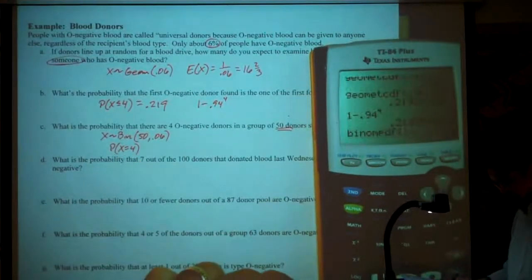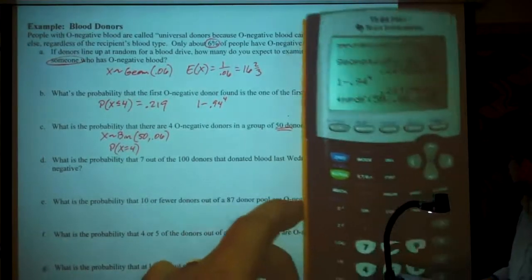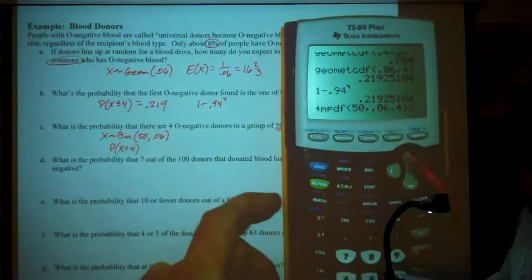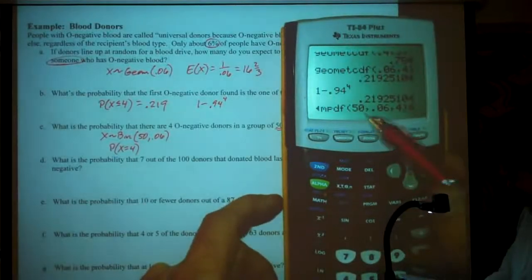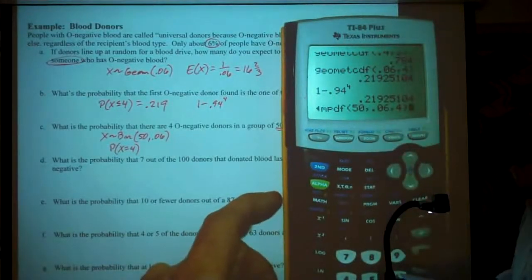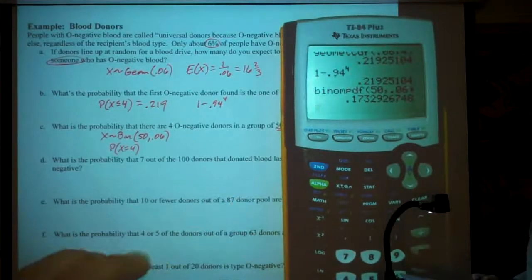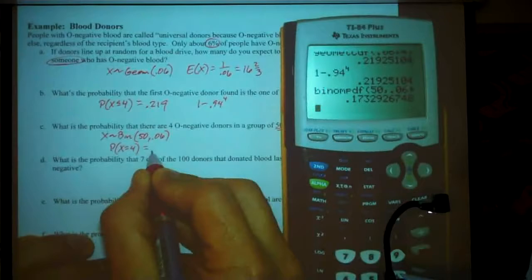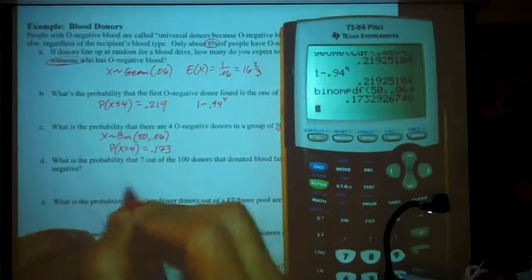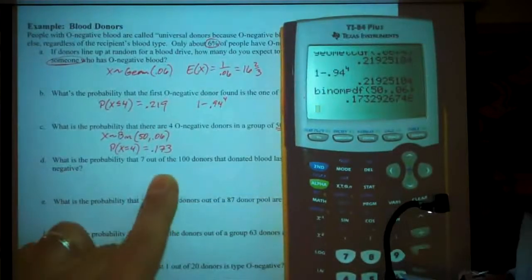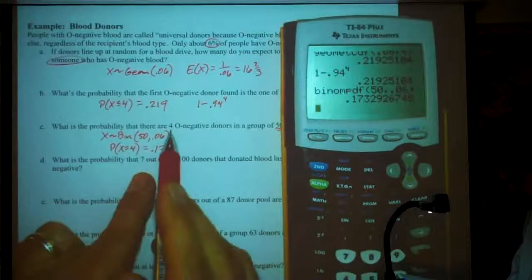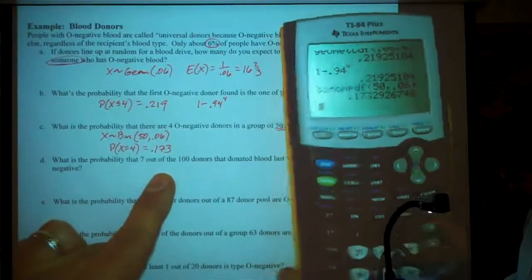So binomial PDF, 50, 0.06, 4, and I get the answer 0.173. It's a 17.3% chance that I've got exactly 4 O-negative donors in a group of 50 donors.